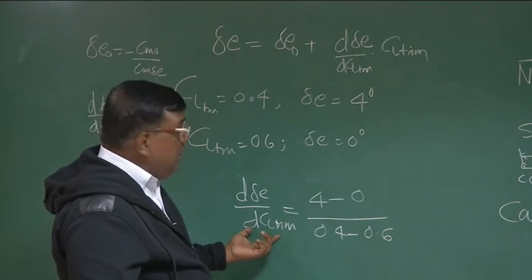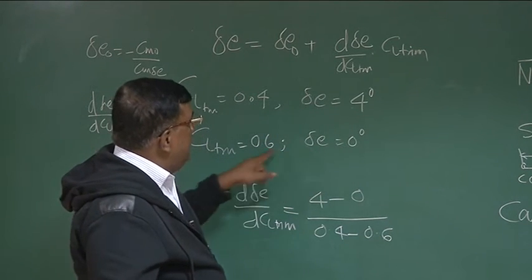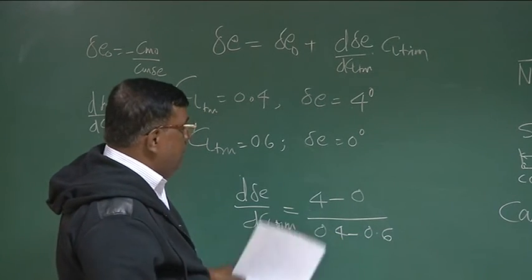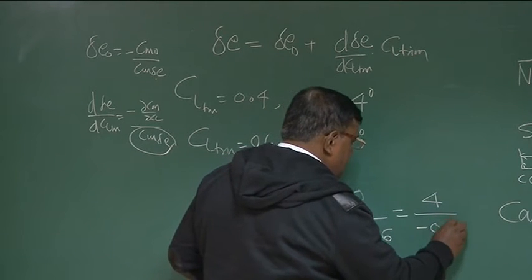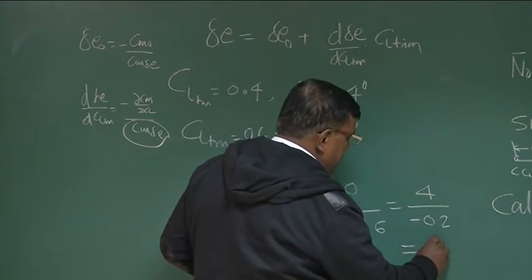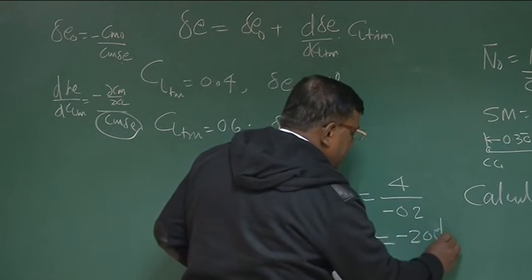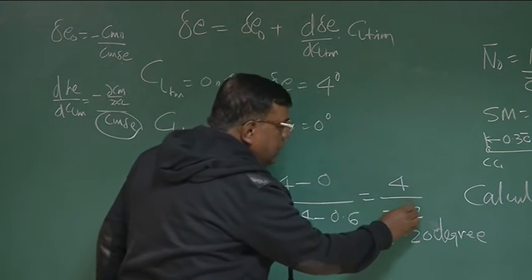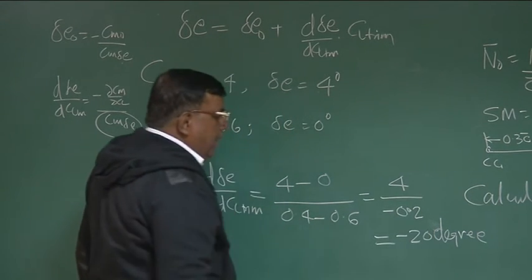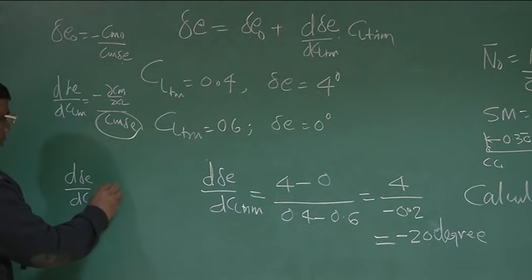What is the change in CL trim? When delta E was 4, CL trim was 0.4; when it was 0 degree, CL trim was 0.6. So this is 4 by minus 0.2, which is minus 20 degree. Correct? 4 by 0.2 is 40 by 2, is 20, with minus sign. So d delta E by dCL trim is equal to minus 20 degree.